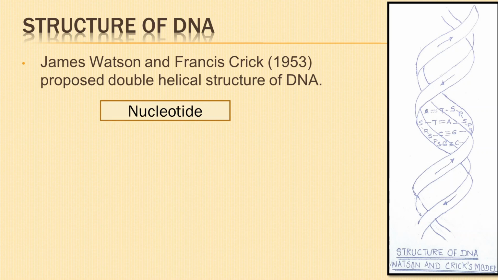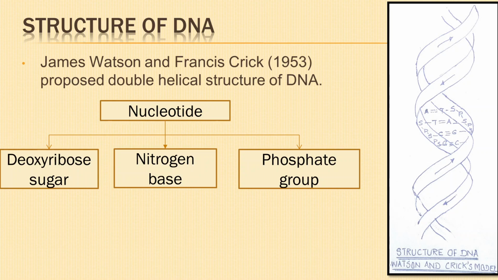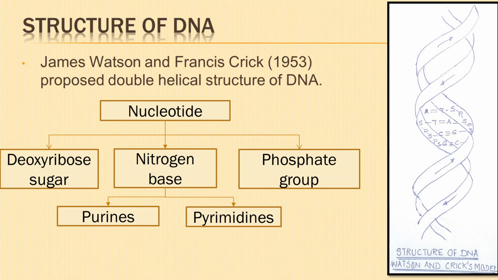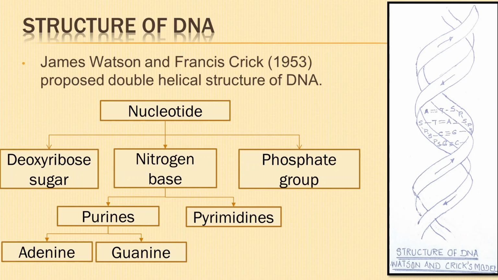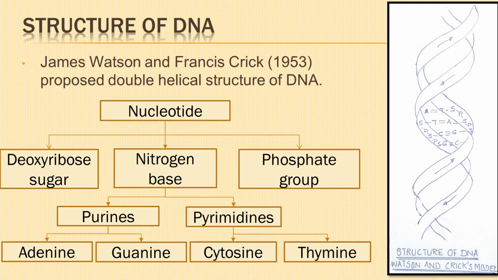Each nucleotide contains deoxyribose sugar, nitrogen base, and phosphate group. The nitrogen bases are of two types, purines and pyrimidines. Purines are adenine and guanine. Pyrimidines are cytosine and thymine.